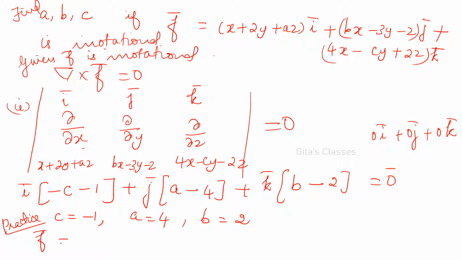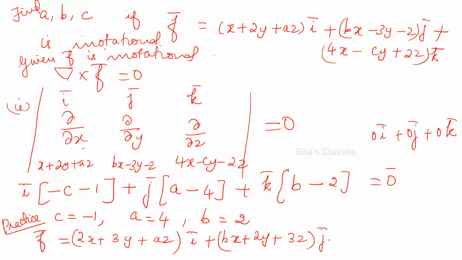For practice, the same question with only f differing: 2x plus 3y plus az into i plus bx plus 2y plus 3z into j plus 2x plus cy plus 3z into k. Find the values of A, B, C if f bar is irrotational.